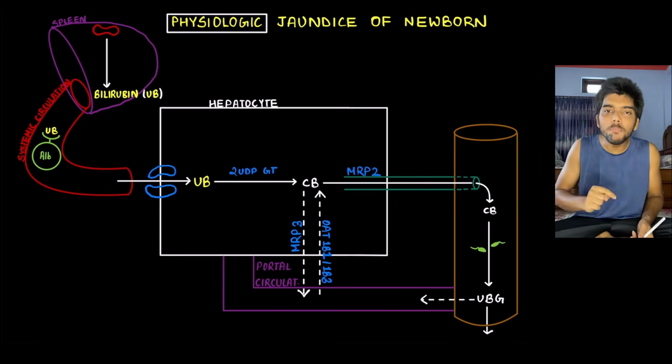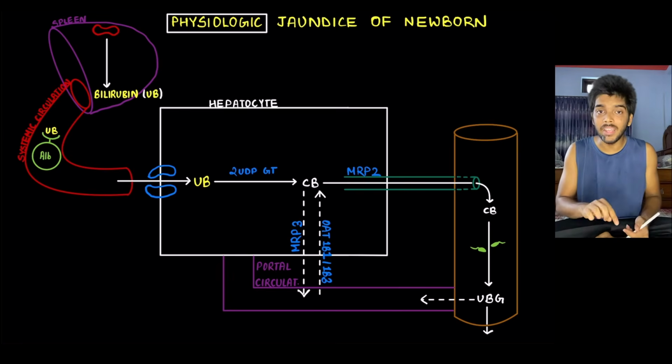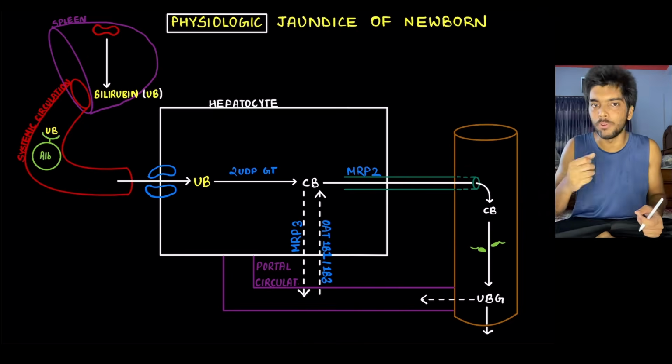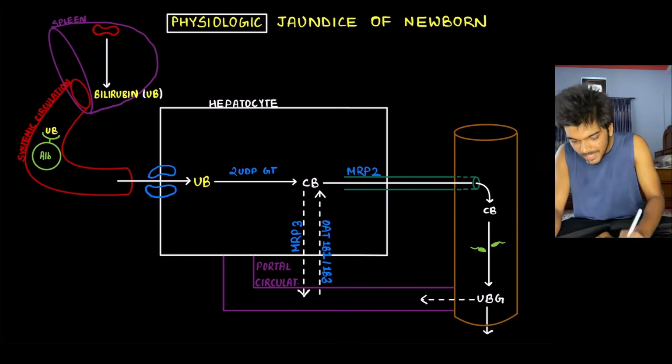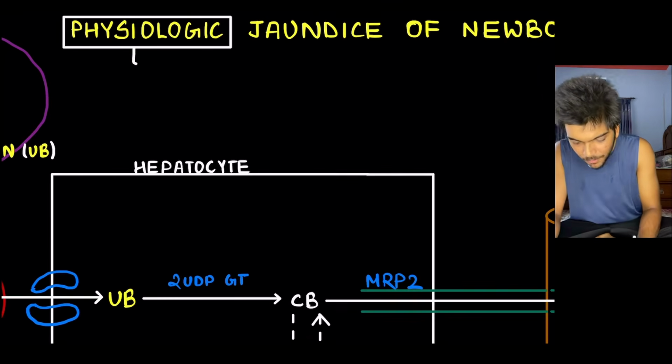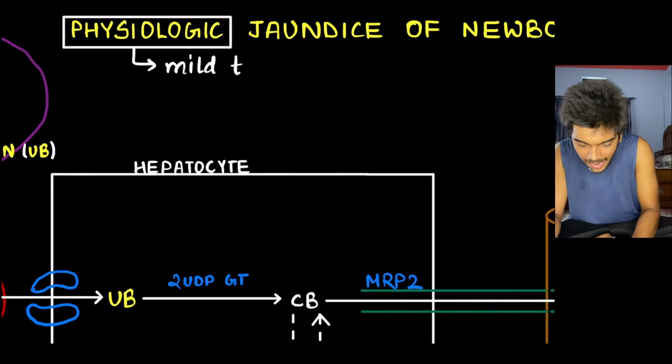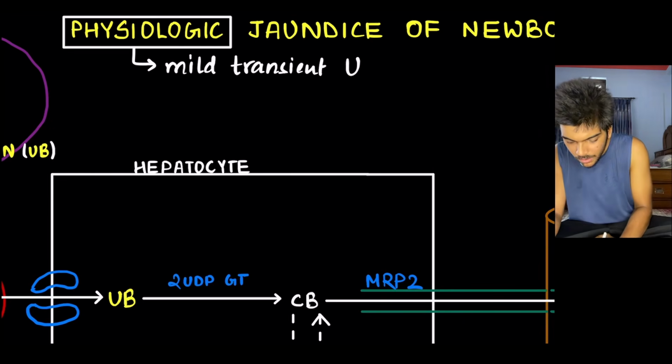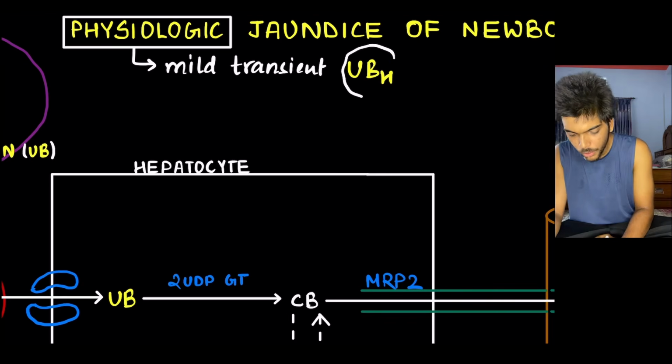So the hepatobiliary system is unable to carry out conjugation of unconjugated bilirubin, resulting in accumulation of unconjugated bilirubin, resulting in unconjugated hyperbilirubinemia. That is why physiologic jaundice of newborn is referred to as the mild, transient, unconjugated hyperbilirubinemia of newborn.